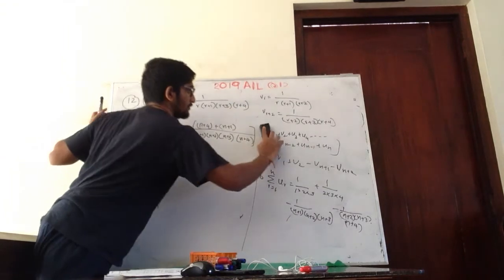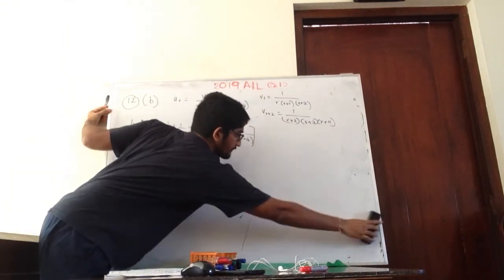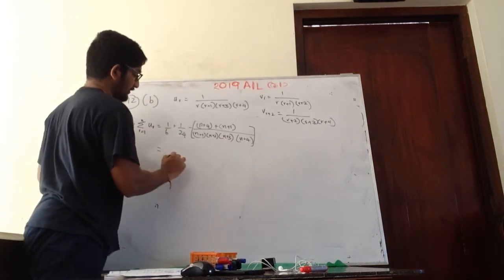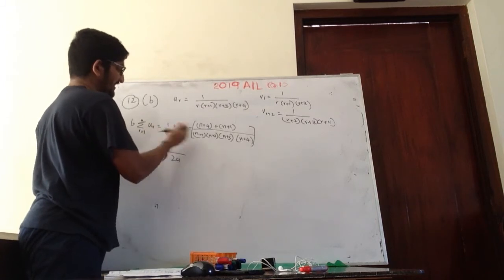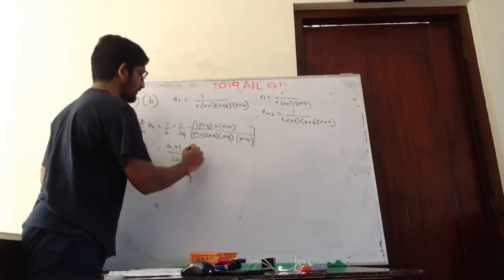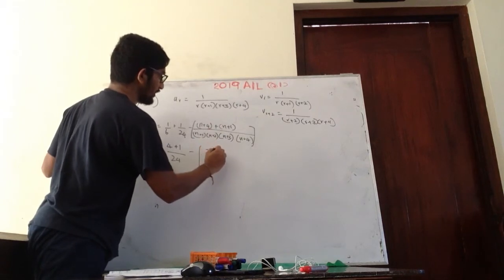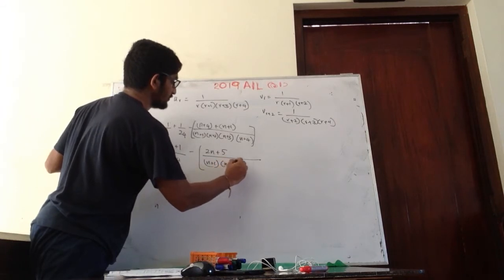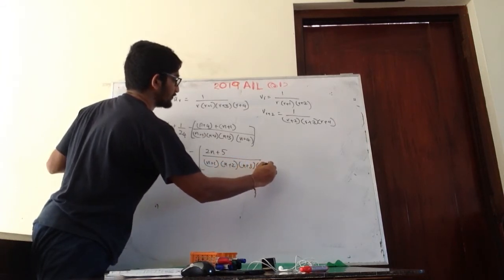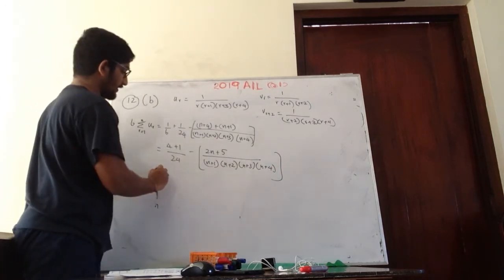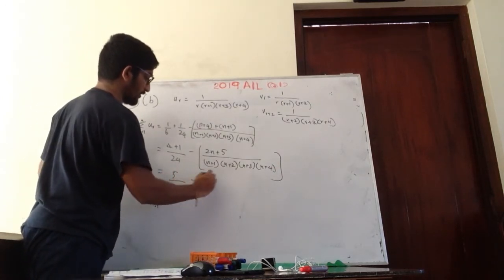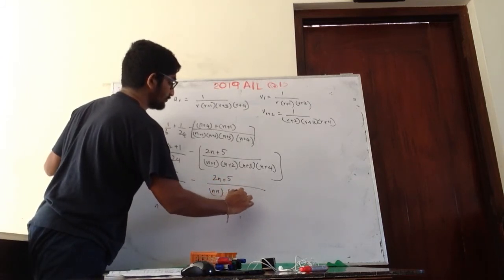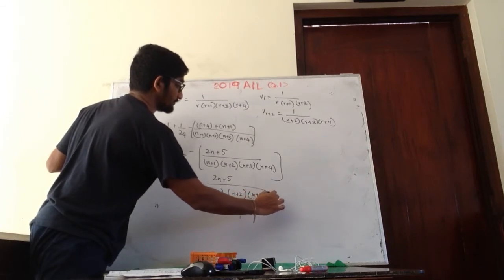Then I'm going to take 24 as the common thing. So this will become 6 times 4 is 24. So 4 plus 1 minus 2n plus 5, over (n plus 1)(n plus 2)(n plus 3)(n plus 4). Then you will get 5 times 24 minus 2n plus 5, over (n plus 1)(n plus 2)(n plus 3)(n plus 4).